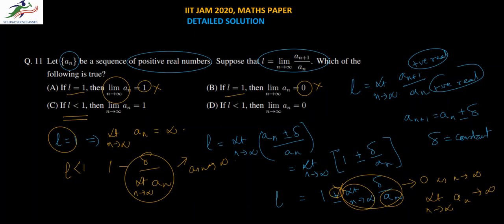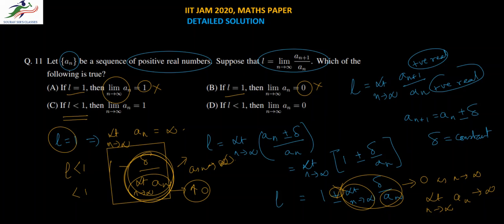So the denominator, limit n tending to infinity of an, would tend towards 0. Only then the whole term can tend towards infinity as n increases, because for every value of n, the entire term 1 minus the second term has to be less than 1, which means the second term has to be positive. That means it has to go on increasing as n increases.